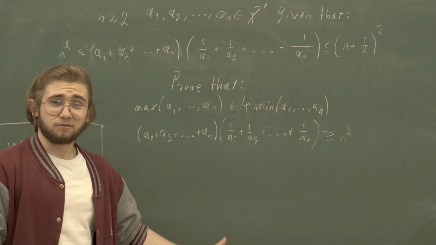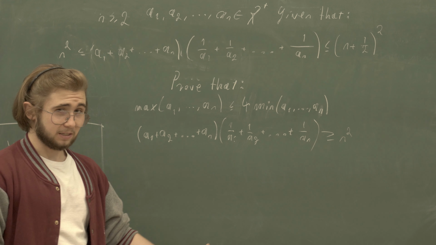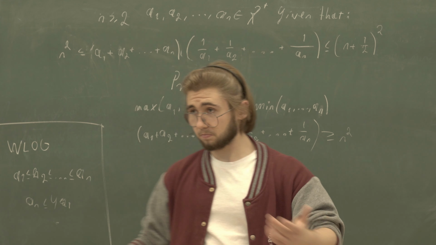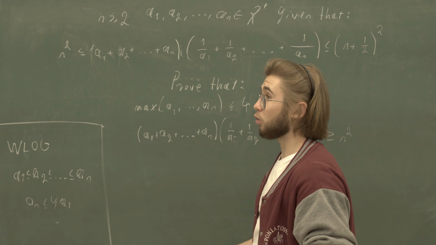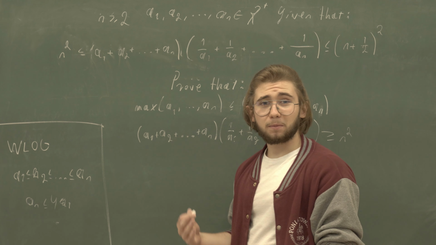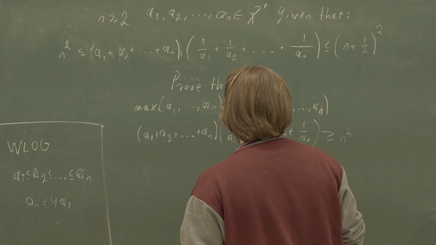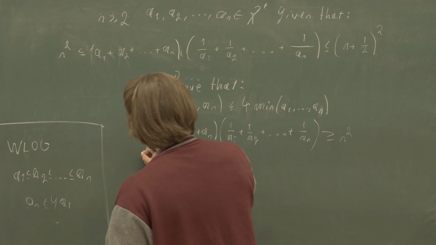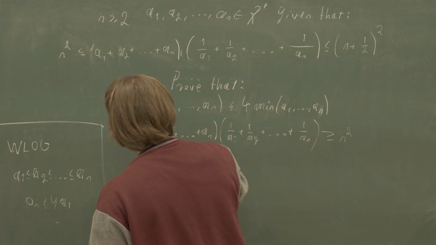It's not going to change the value of the sum at all, because I'm still adding the same numbers, and changing the order of the things I sum up doesn't change the sum eventually. So I would like to swap a sub n and a sub 1.